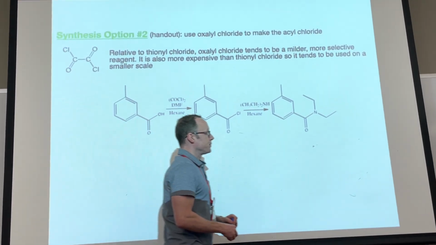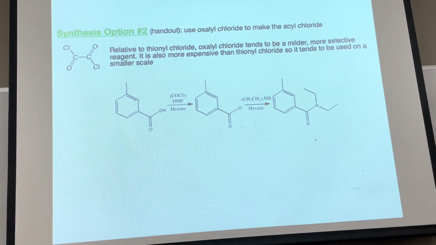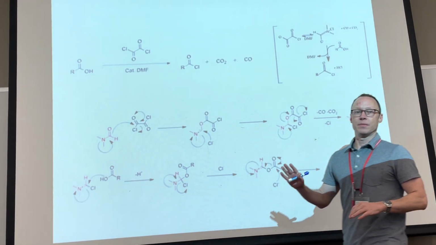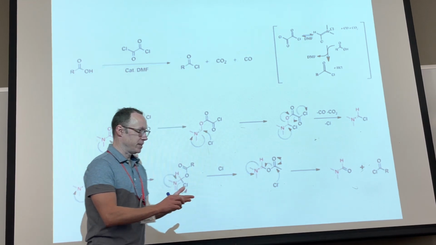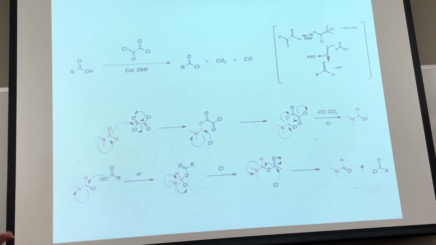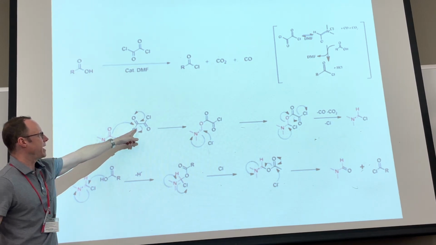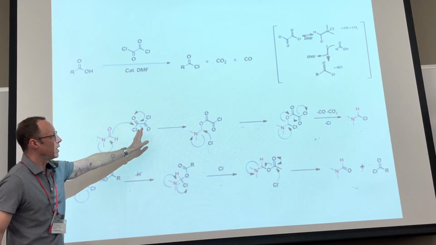You don't have to know this mechanism by any means, but I just like to show mechanisms because if you just show a reaction, it's a black box that nobody really understands. But this is what's going on. You can see this is the DMF, and initially it's going to attack the oxalyl chloride.